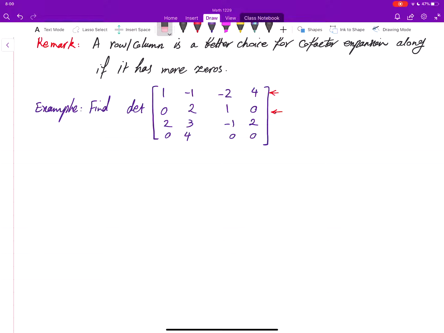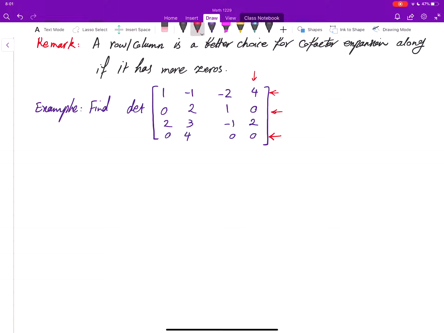And column 3, you see, it has, column 4, it has 2 zeros. Well, that's also on the same level as the second row. But if you notice, the fourth row has 3 zeros. It means that if you expand along that, you will need to compute only one 3 by 3 determinant.